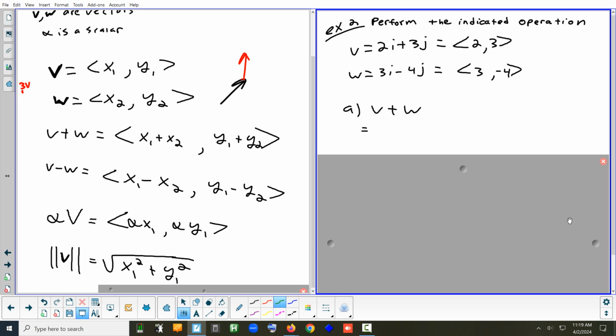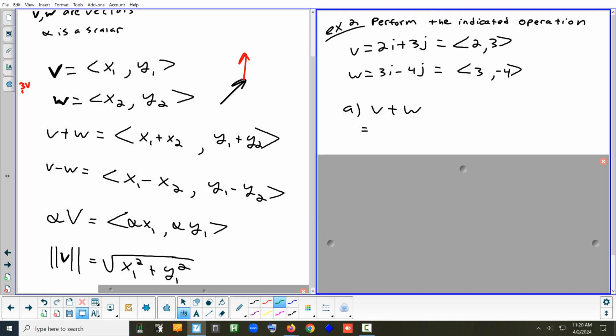So first thing I want to do is add these 2 vectors up. And I don't want to draw anything. I just want to add them up. If you add V and W, let's do it as a unit vector first, and then we can do it the other way after.